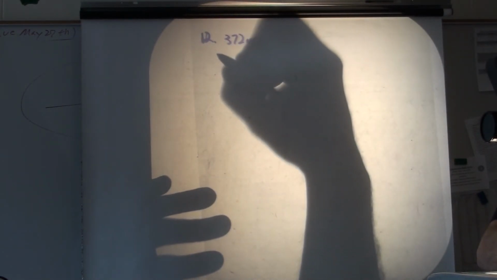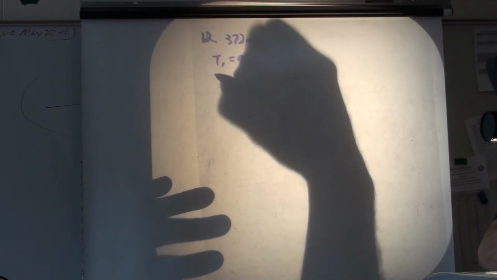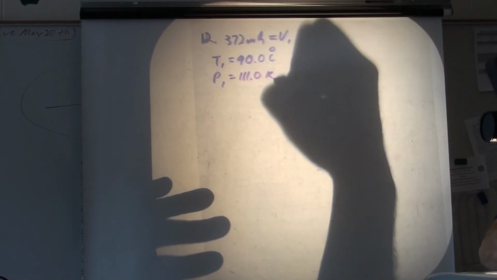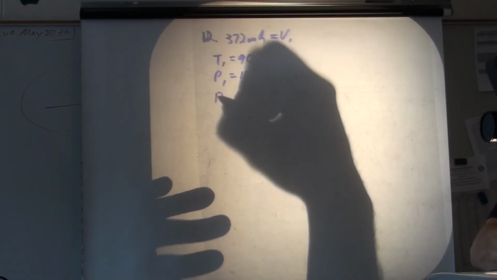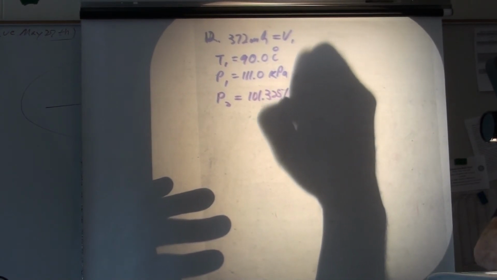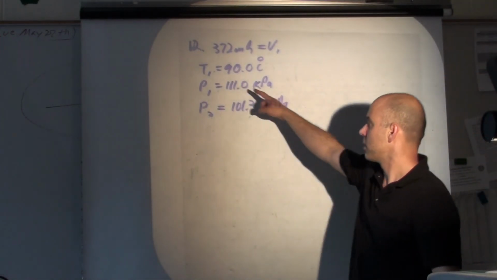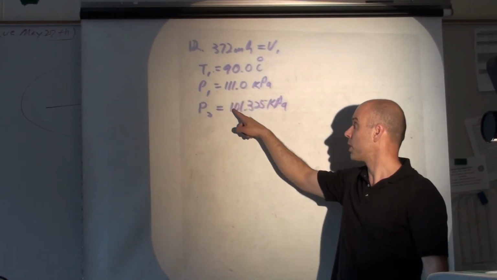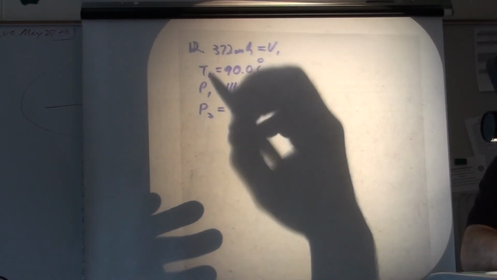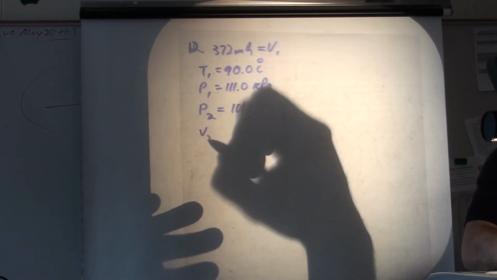Our T1 is 90 degrees Celsius. Our P1 is 111. We're going to standard pressure, which is 101.325. So you needed to know what standard pressure was. We're starting at this pressure, we're going to P2, and then we're going to find V2.